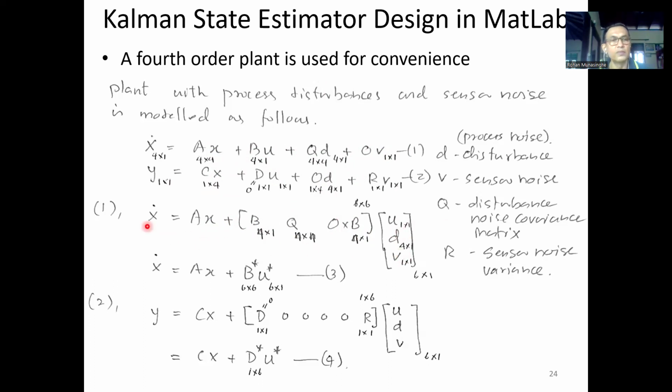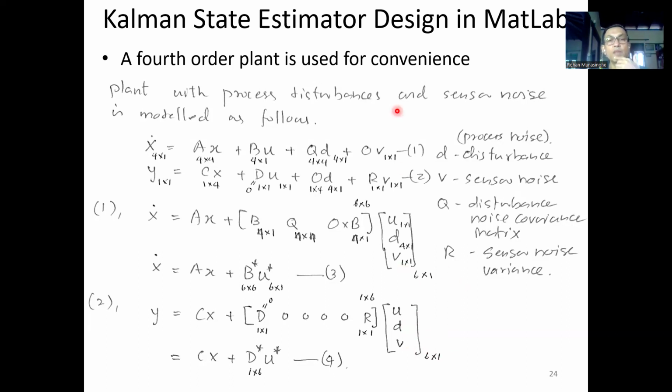For equation 1, and also for equation 2, you can see y equals Cx plus D 0 R times u d v, the entire vector: control signal, disturbances, and sensor noise. Now this becomes a long vector.